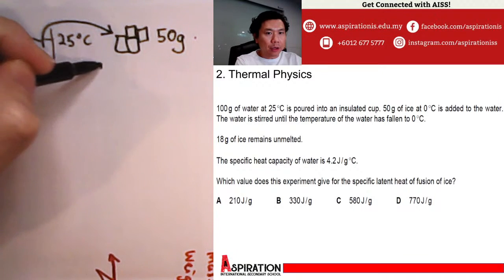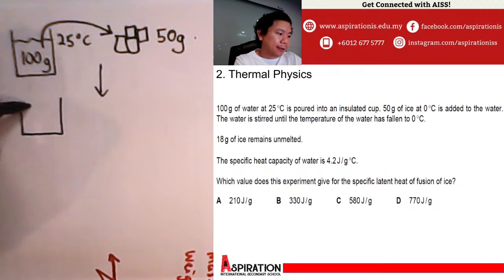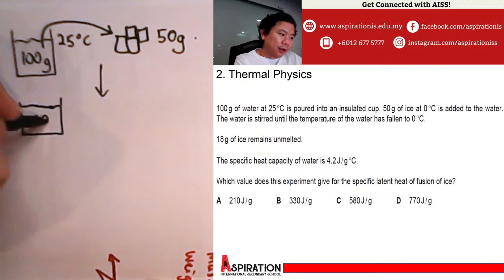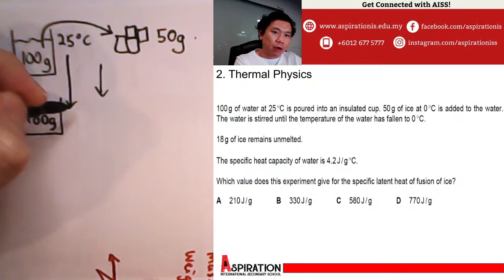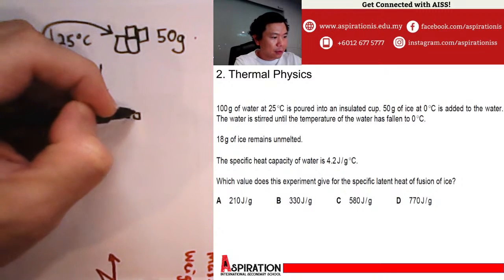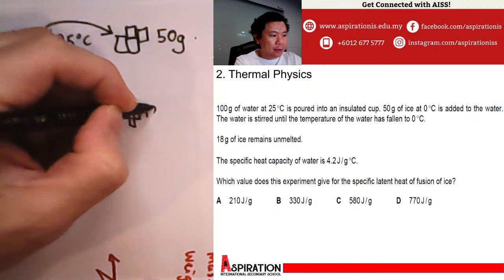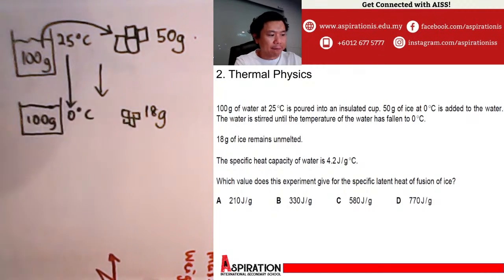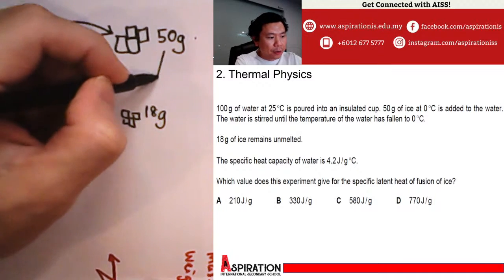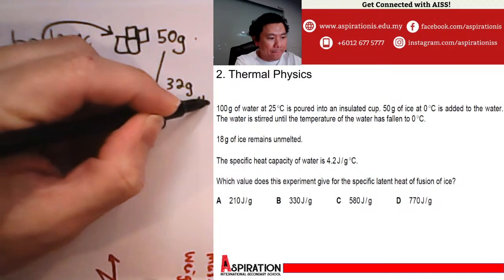And the story goes on to say that now for the 100, okay, I see some answers coming in. Thank you for trying. Now, when the water's temperature has dropped to 0 degrees Celsius, they tell us that we have 18 grams of ice left, less than before, which means that we have 32 grams of ice melted.